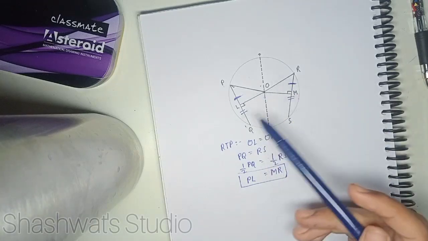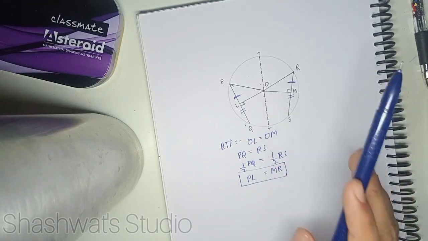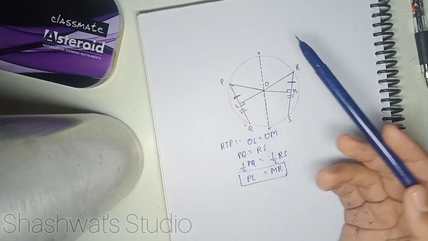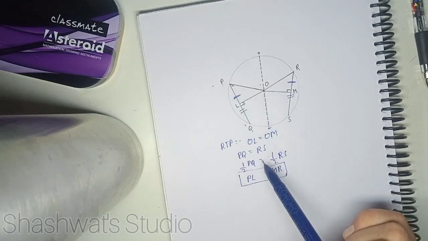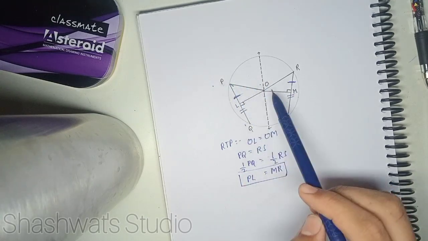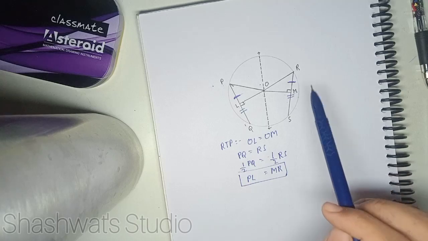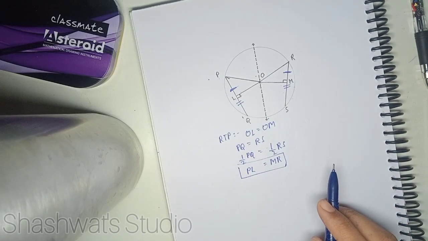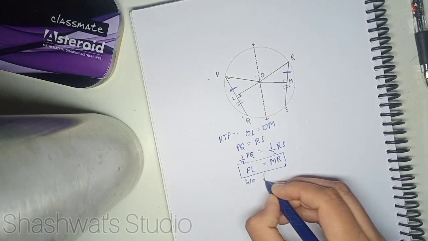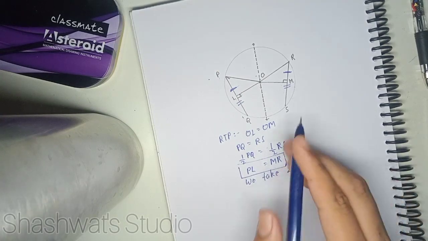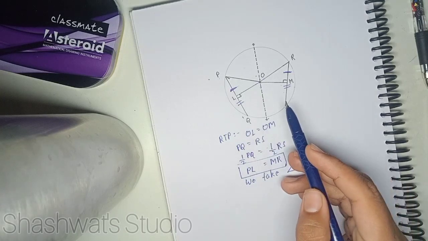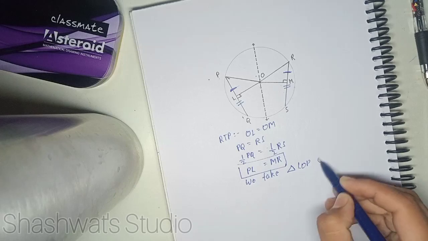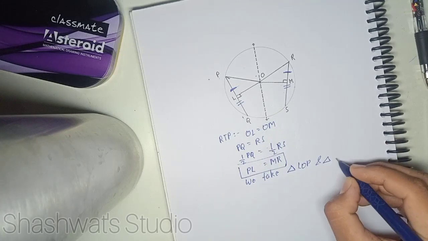Now I think we have got all the things to prove this theorem. We'll again prove it by congruence of two triangles, which could be triangle OPL and triangle ORM. So now let's take these both triangles, triangle LOP and triangle MOR.